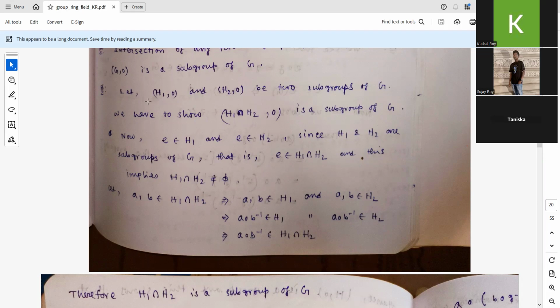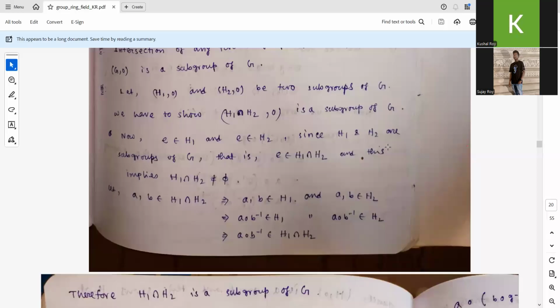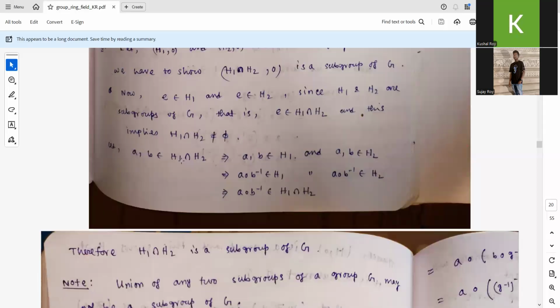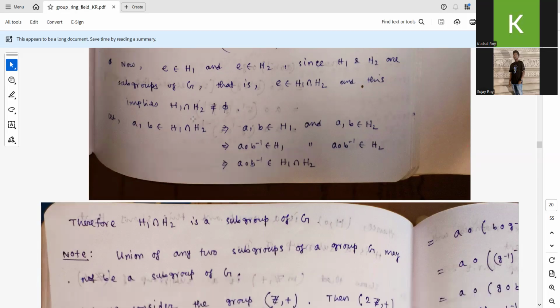So the identity element belongs to H1 intersection H2, so the intersection of H1 and H2 is non-empty.